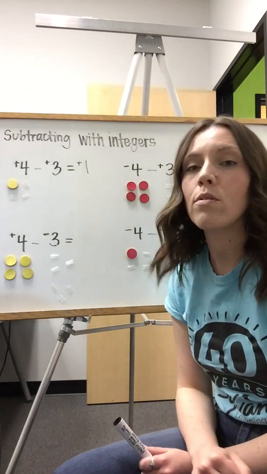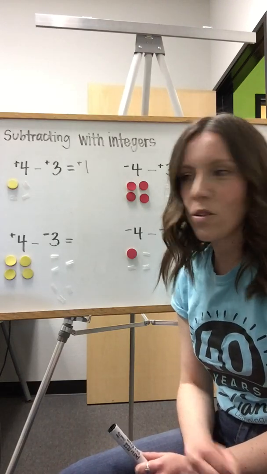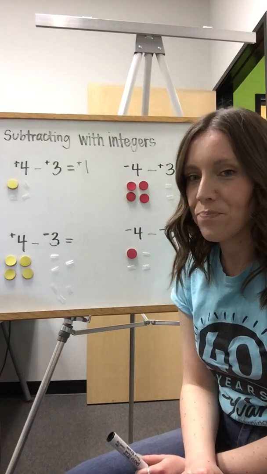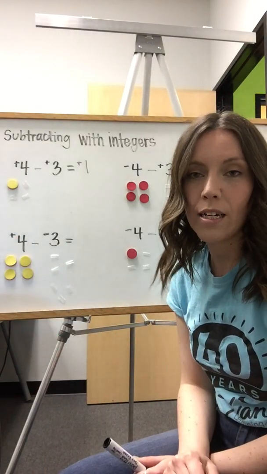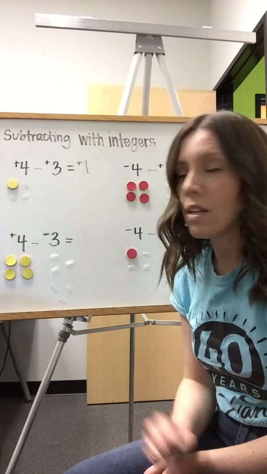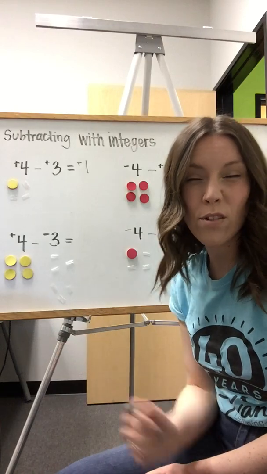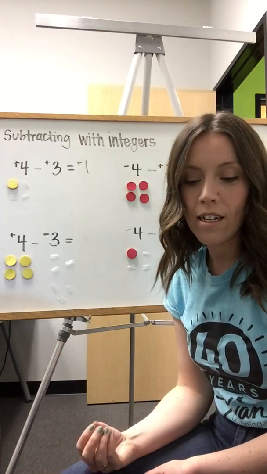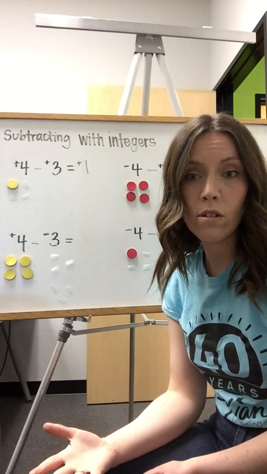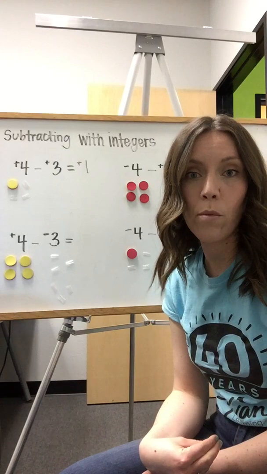Now, how do we approach the problem when there's no counters to take away? Let's take a look at this example here. So I'm starting with a positive 4, represented by 3 yellow circles, and they want me to take away negative 3. But there's no red circles there, so I can't take away what's not there. What I need to do is introduce at least 3 negative circles so that I can then take them away.